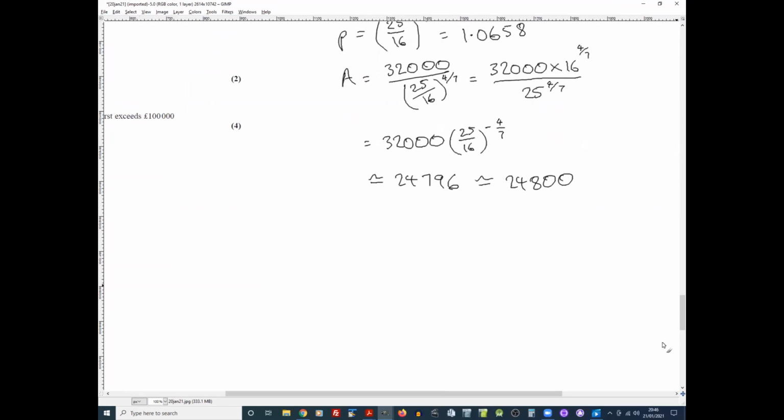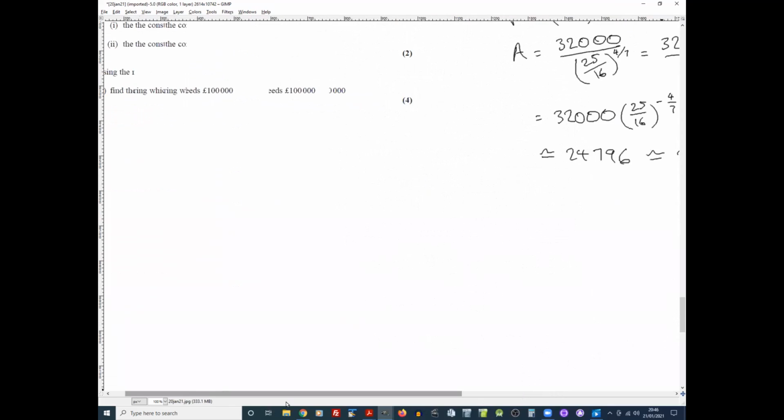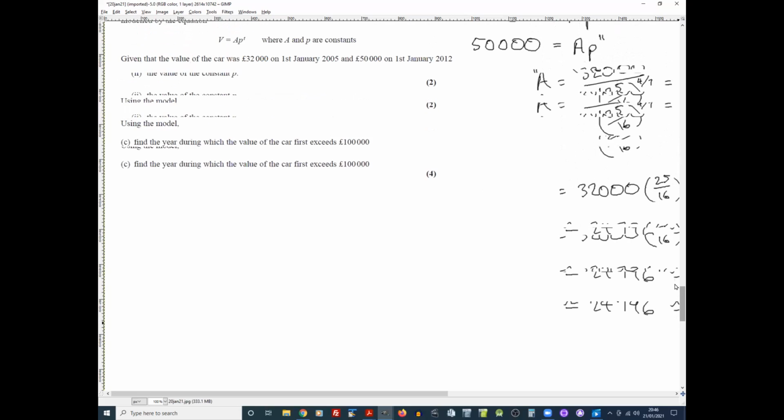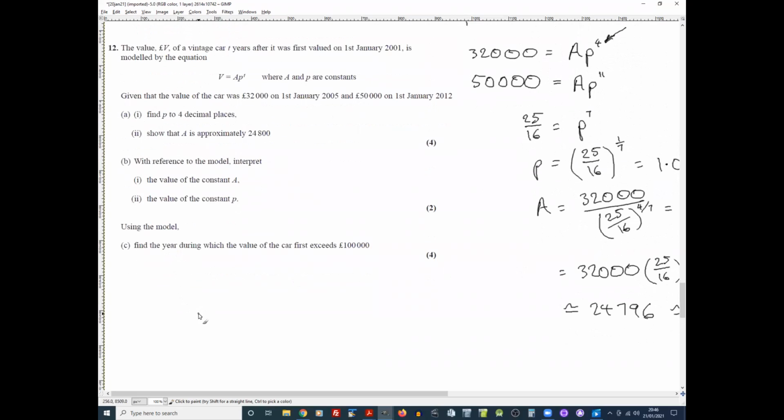Okay, C. What was C? Find the year during which the value of the car first exceeds 100,000. Okay. Now here we have to make it equal to 100,000. That's one way. I was just wondering whether to call it equal or exceeds.